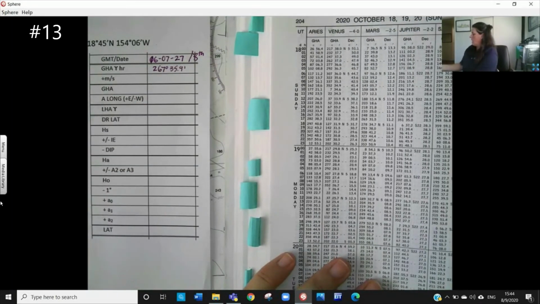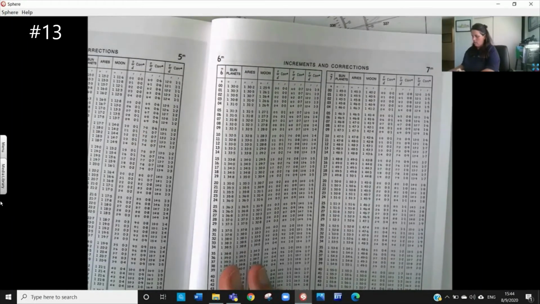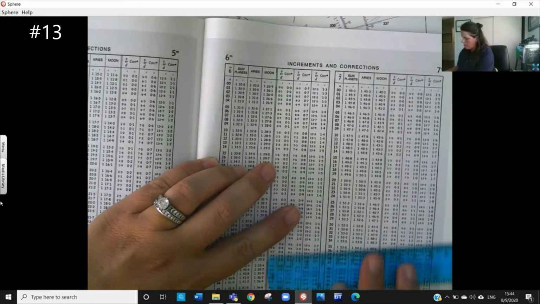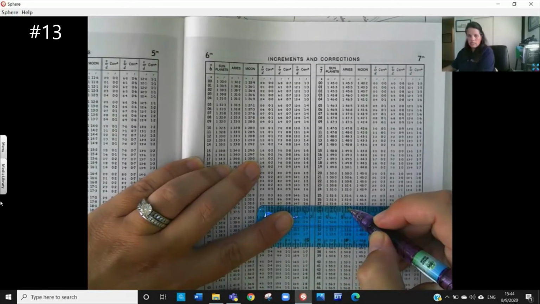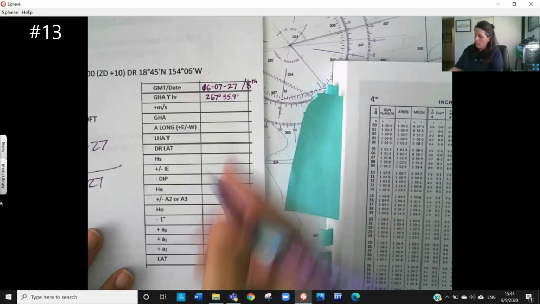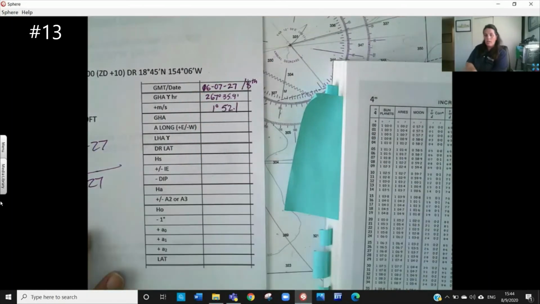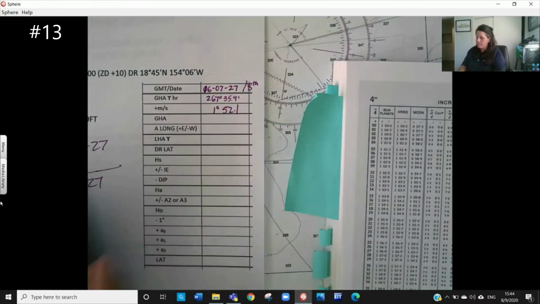So we go back to minutes and seconds, and under Aries, that's going to give us a correction of 1 degree, 52.1. Now we can add that up to get our GHA of Aries.